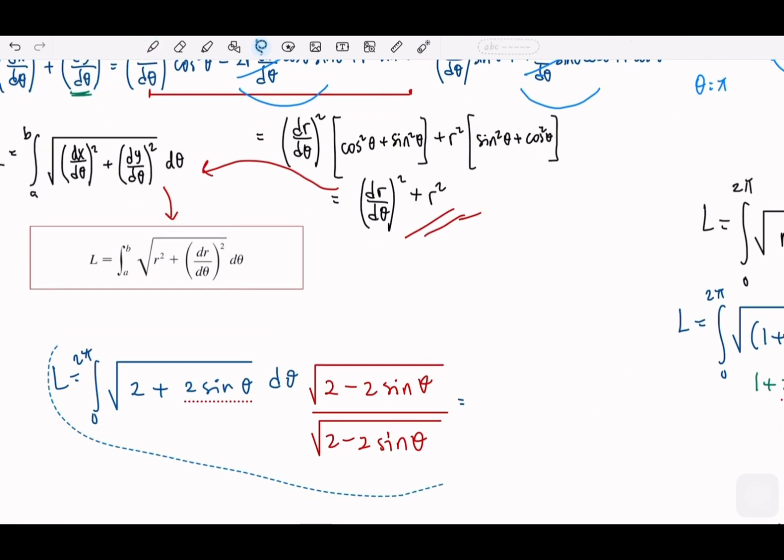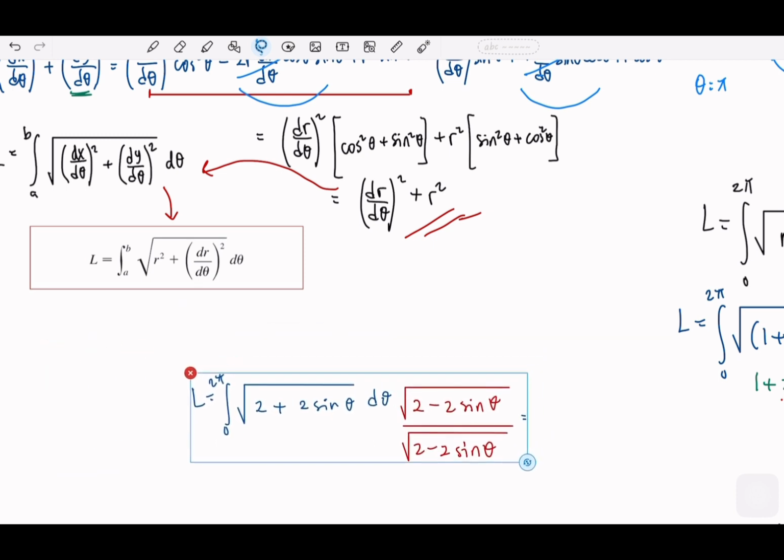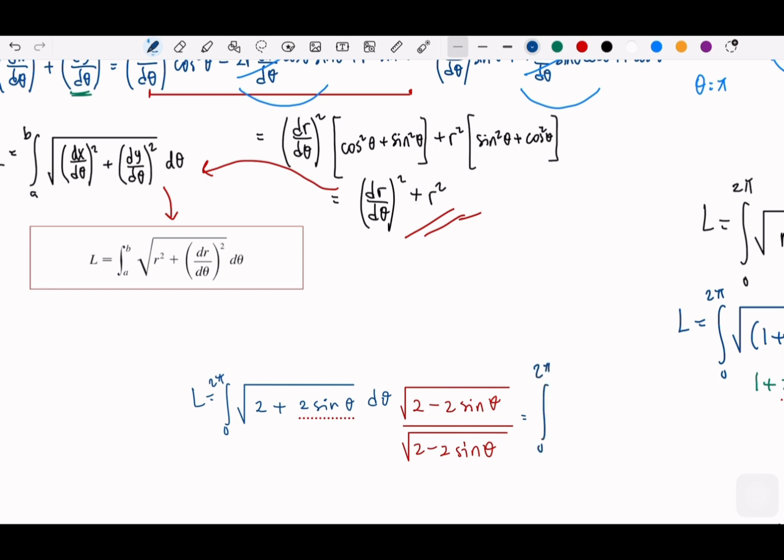Maybe it's too big, let me resize this. So this will be 0 to pi. So this will be 4 minus 4 sine squared theta.